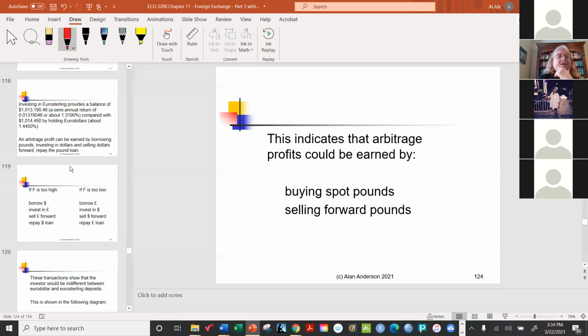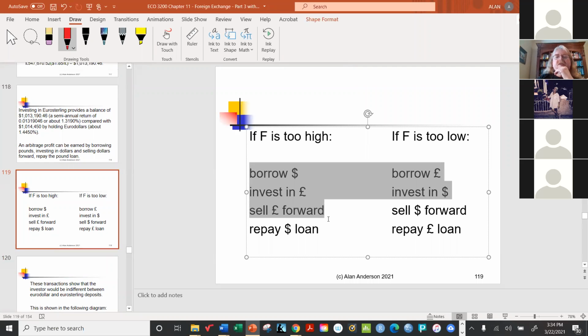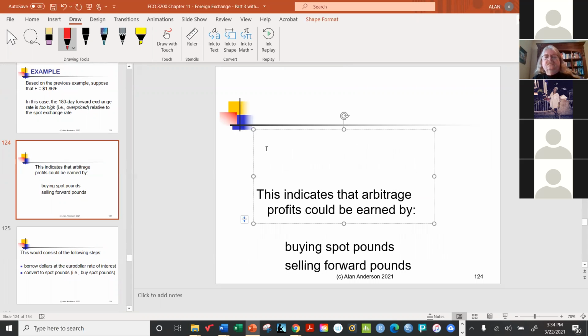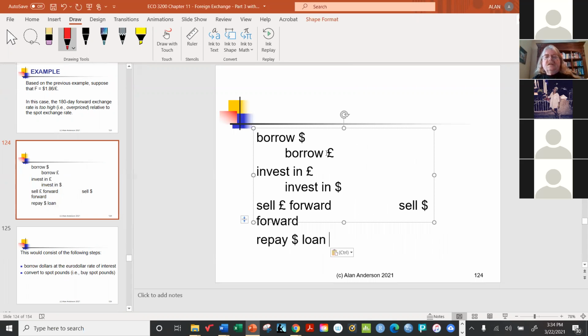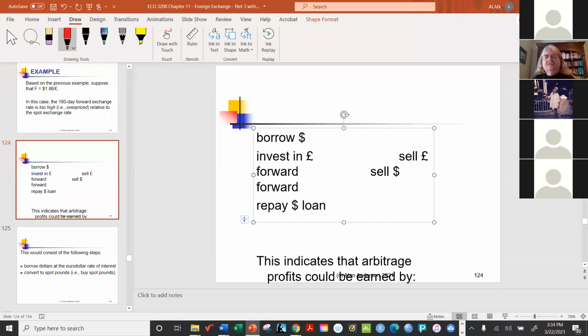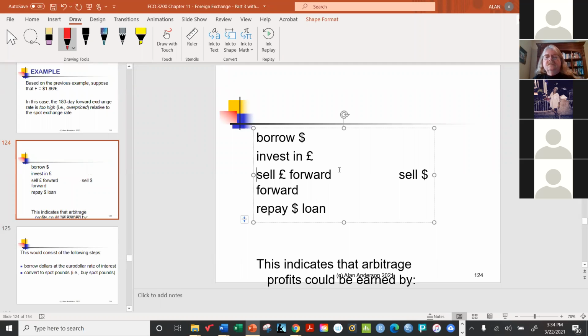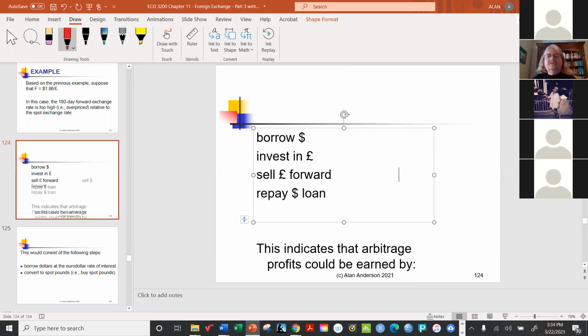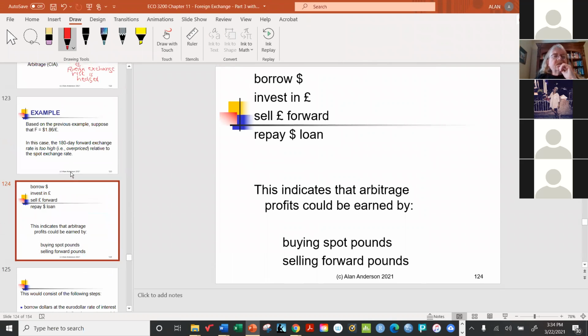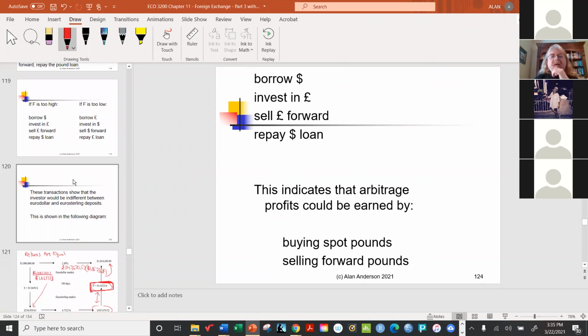Let me copy this back in here so we can confirm that this is being carried out correctly. So this is how we described it earlier: borrow dollars, invest in pounds, sell pounds forward, repay the loans.